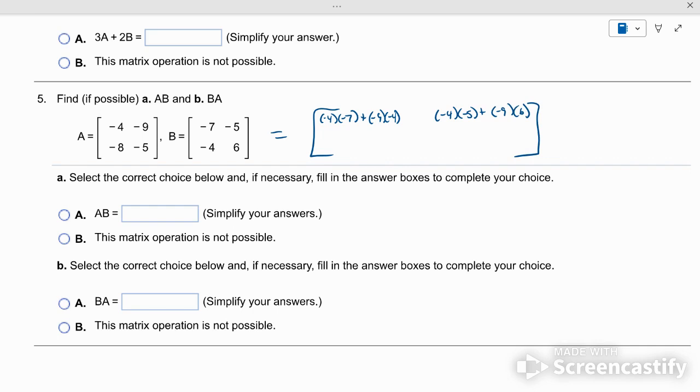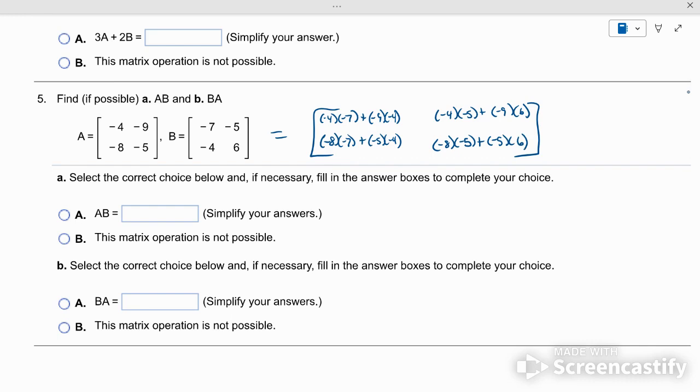It's just where they cross is the numbers that go there. So, negative 8 times negative 7 plus negative 5 times negative 4. And the last one is negative 8 times negative 5 plus negative 5 times 6.